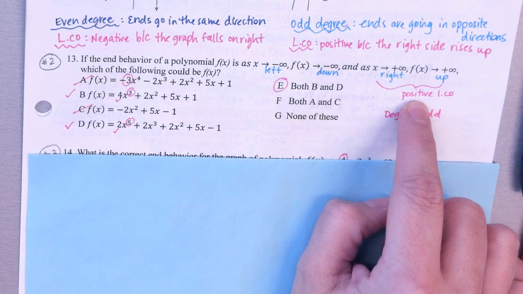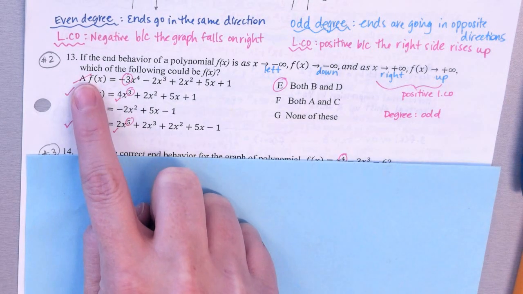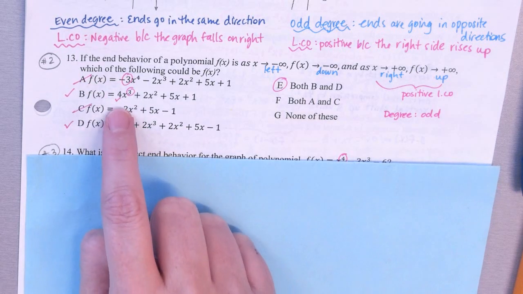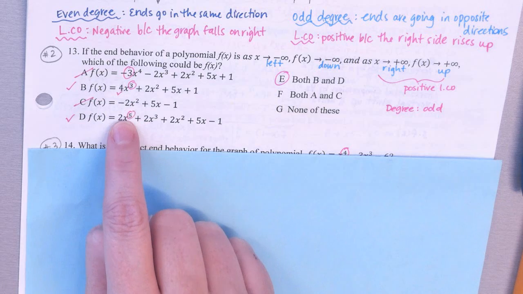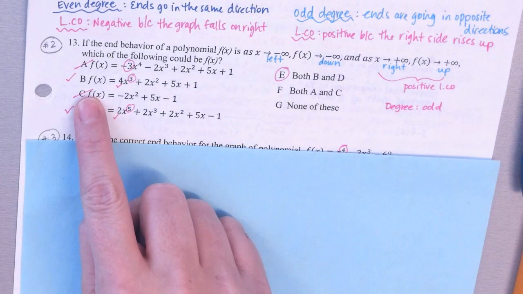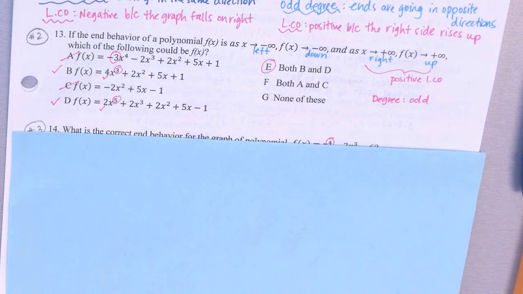So what I did is I looked at the leading coefficient. This was negative, so A is out. For B, 4 is positive, so that's in. Negative 2, nope, that one has to go. And then positive 2 there, so that was good. Now the next thing I'm going to do is pay attention to which direction the ends are going.